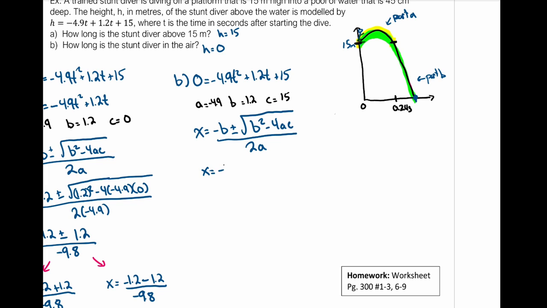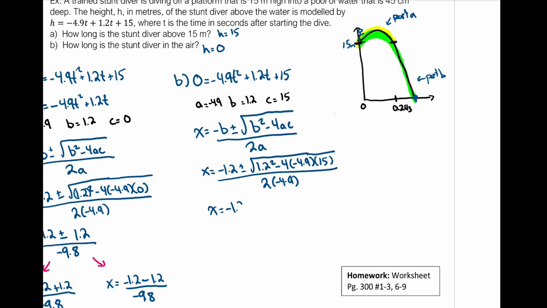X equals negative 1.2 plus or minus the square root of 1.2 squared minus 4 times negative 4.9 times 15. Again, just plugging all those values in. Nothing fancy, just plugging the values in. All divided by 2 times negative 4.9.